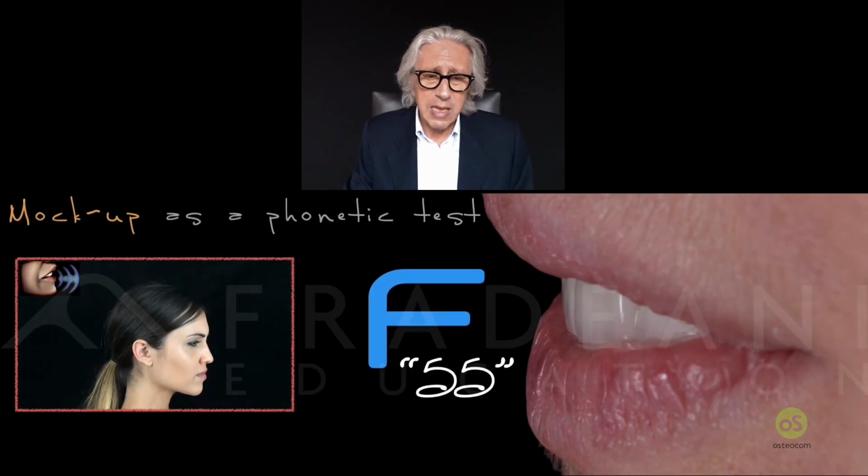We have already seen maybe together what we can do with the F sound. The F sound is a classic sound that can help you define and determine if your incisal edge is too far away, too backally positioned or not.